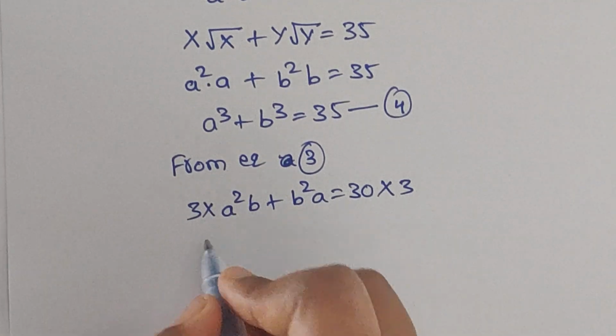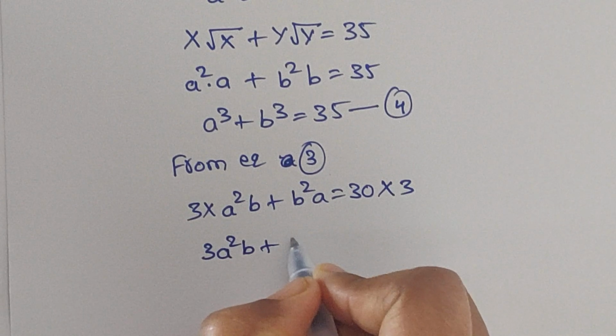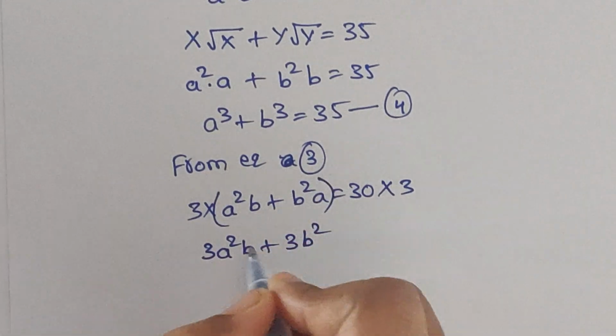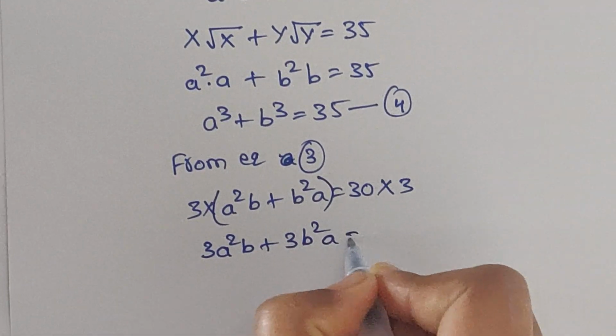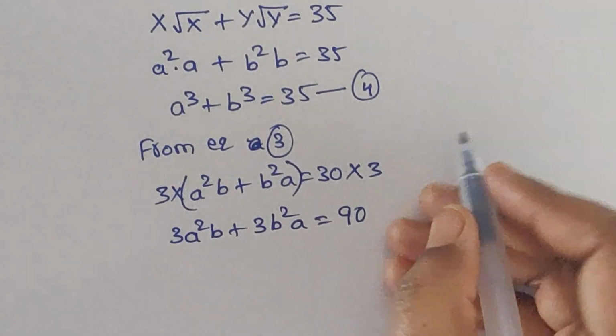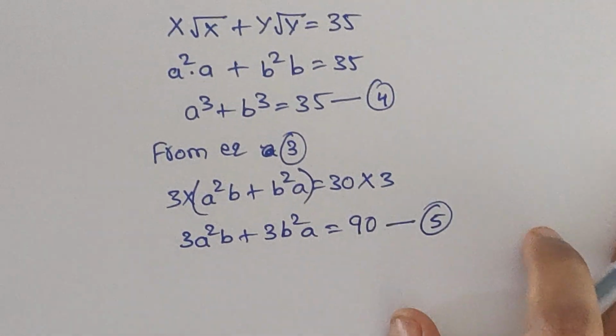So now we will get 3 times a square b plus 3 times b square a equal 30 times 3, which is equal to 90. So now let us consider this is equation 5.